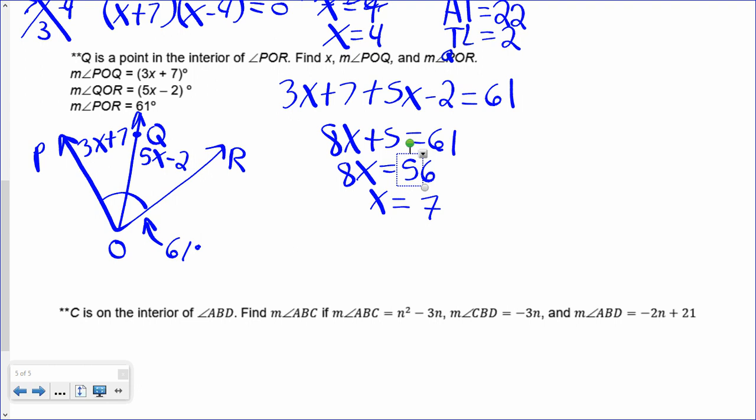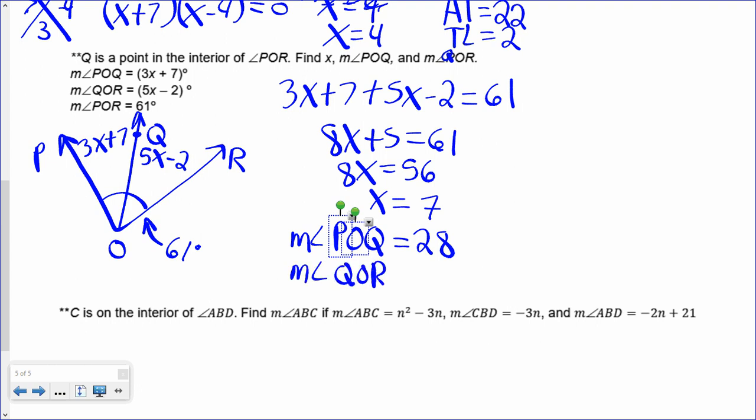How do I keep going? How do I find POQ? Plug it in. Plug 7 into this one right here. 3 times 7 is 21. 21 plus 7 is 28. Okay. So POQ is 28. What about the measure of QOR? 33?